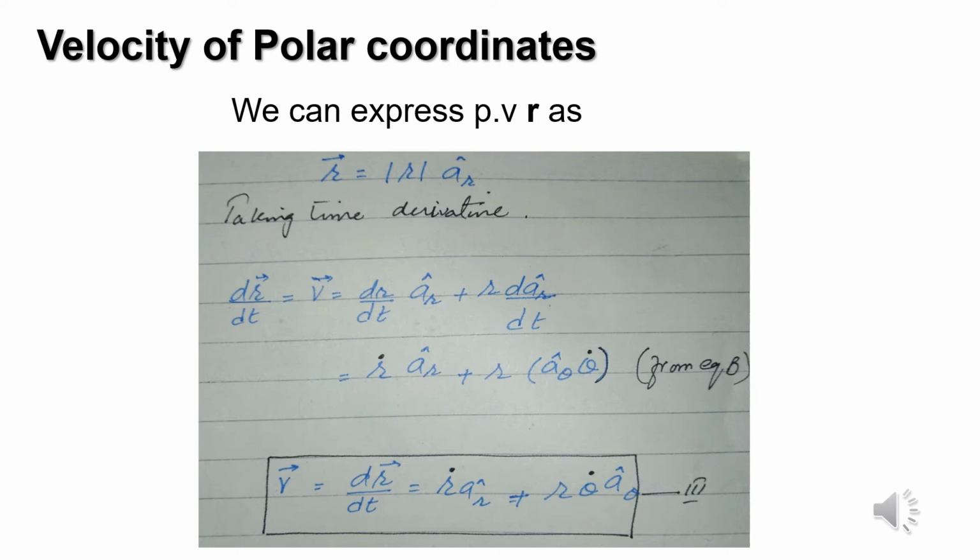For dr over dt that is equal to r dot, so we will write r dot AR unit vector plus r into A theta cap theta dot. We substituted this value from previous equation B, rearranging this equation for the velocity.